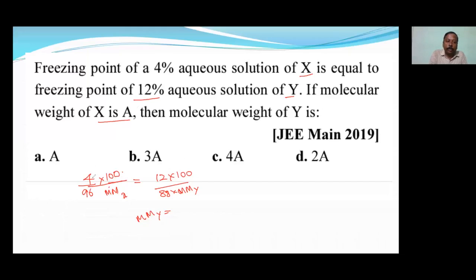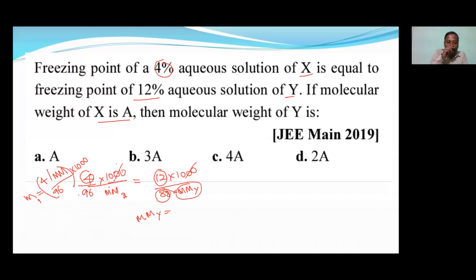4% aqueous solution means 4 grams of solute. Molality I am writing here: 4 divided by molecular mass, divided by the mass of solvent, which we take as 96, and since it is in grams, into 1000. The same way here, the molality should be the same. So 12% means 12 grams of solute, molecular mass of Y, and solvent will be 88, into 1000.